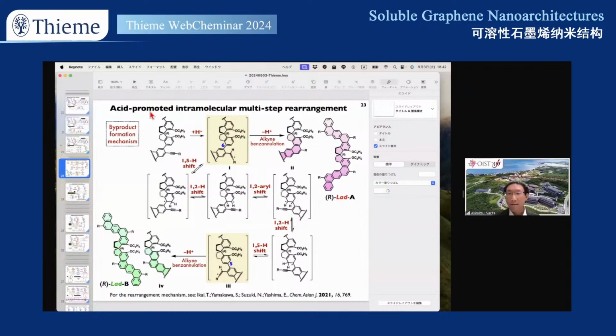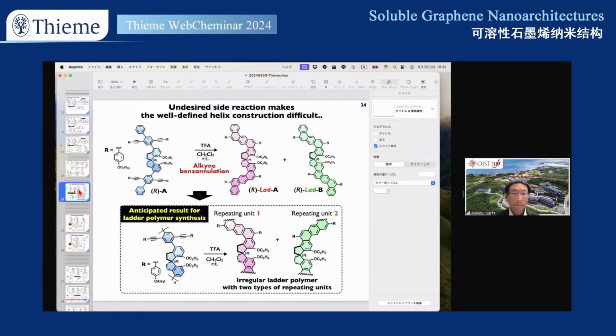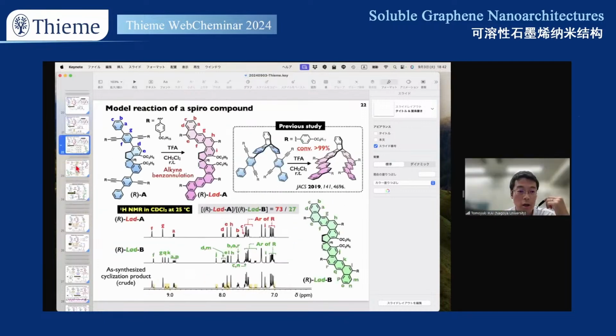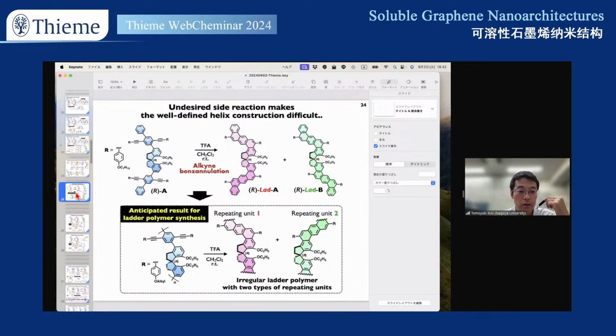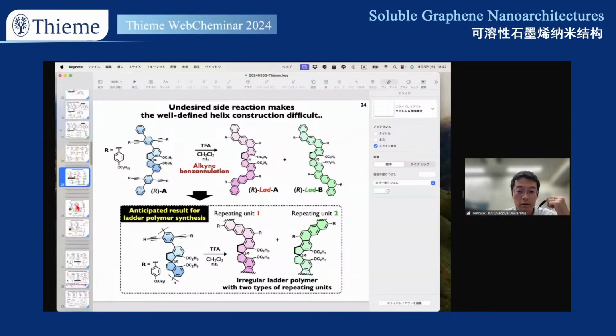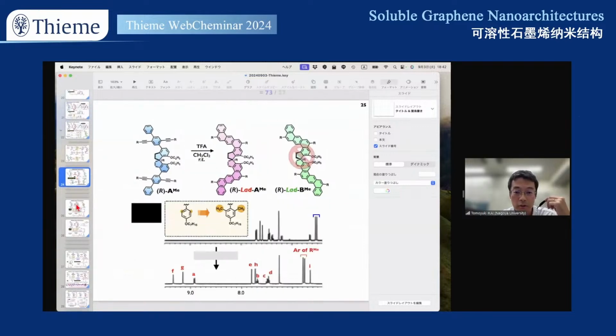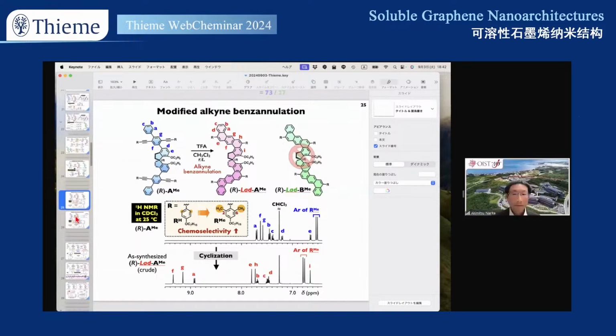I assume this is about the dimethyl substitution. I'm not too sure about the R1 in this case. What's R1? I can't catch the meaning of the question.